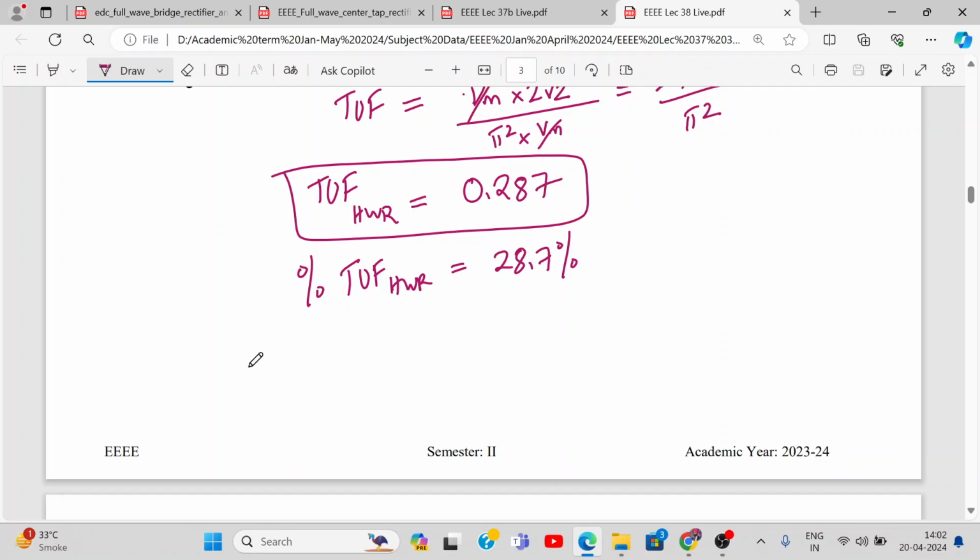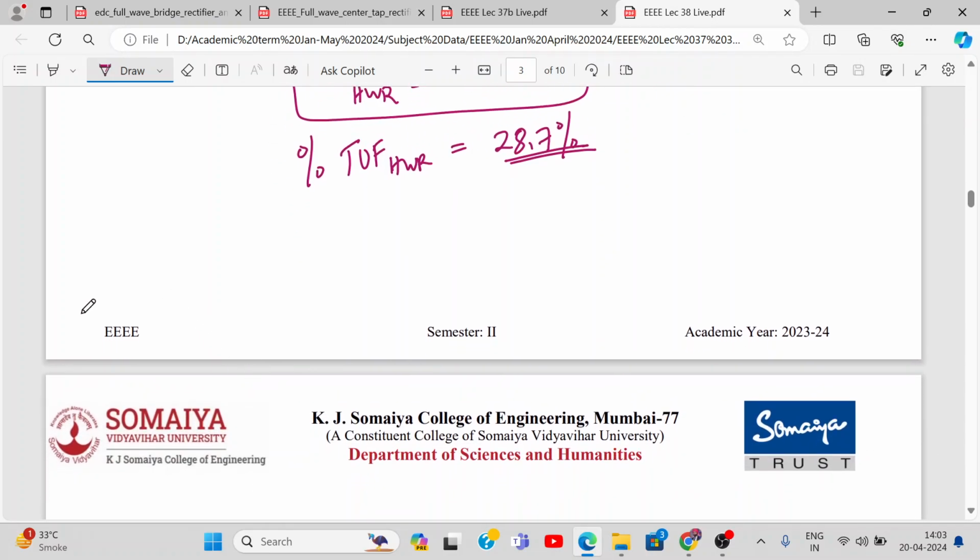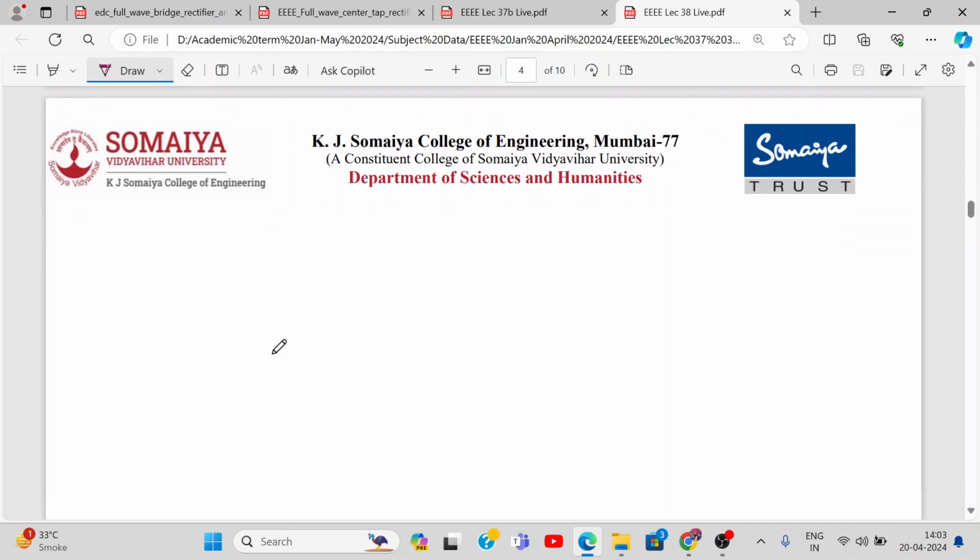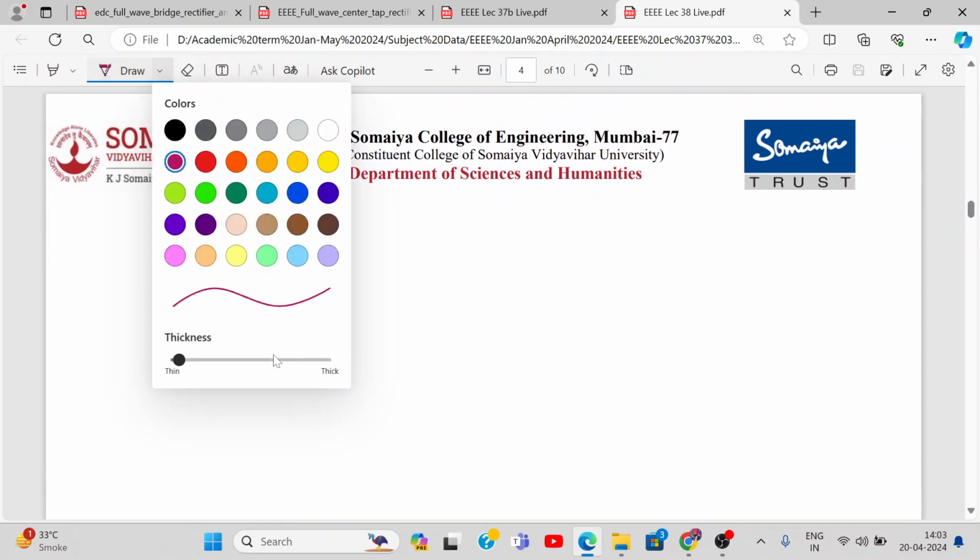This means that only 28.7% of AC power that will be supplied by the secondary winding of the transformer will be supplied to the load resistor. So there is a loss of more than 70%. Okay, understood the meaning of this? This is not very good for a transformer. So the transformer is underutilized. Now we go for the next one.